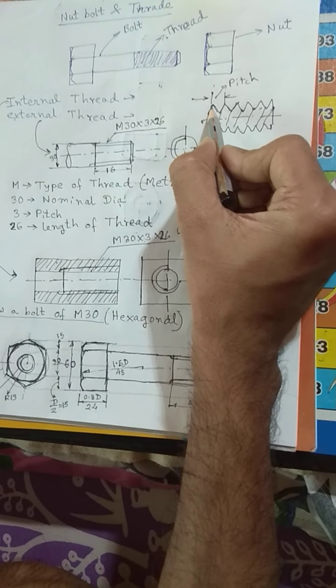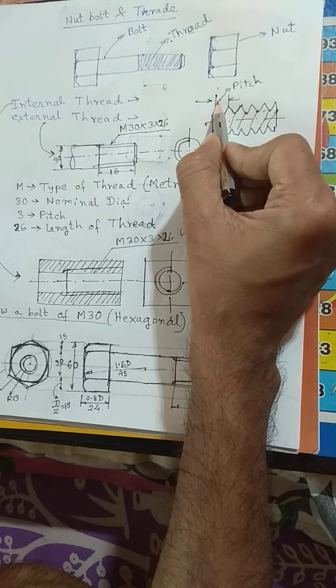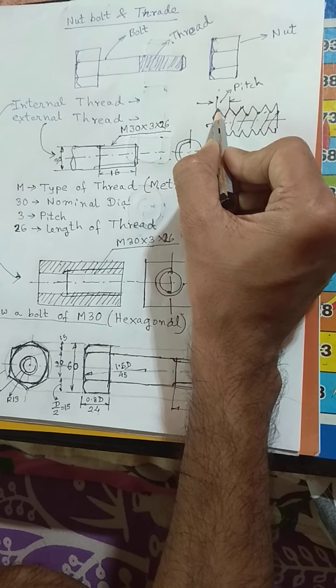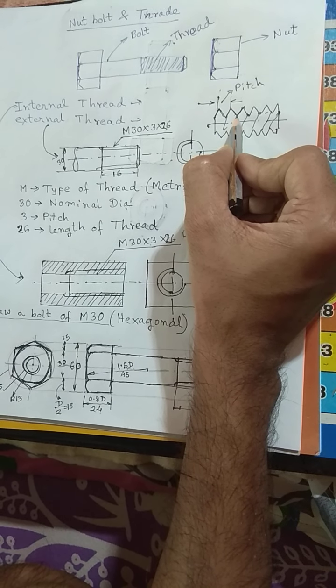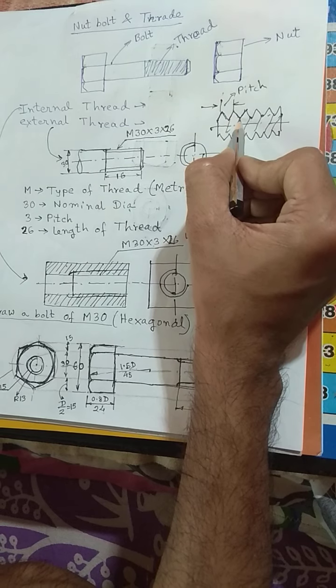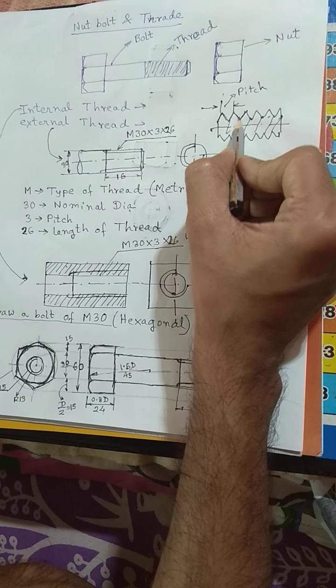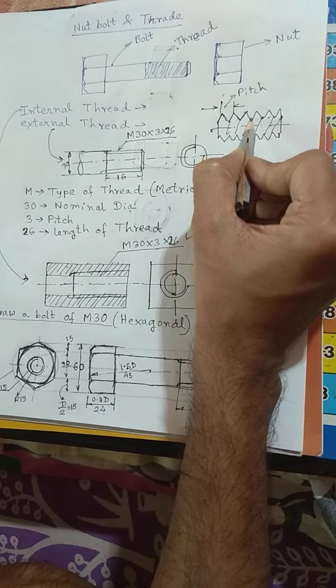Then the distance between two teeth at the same point is called pitch. That means from top to top distance is the pitch. We can also take the bottom distance, bottom to bottom, which is also a pitch.